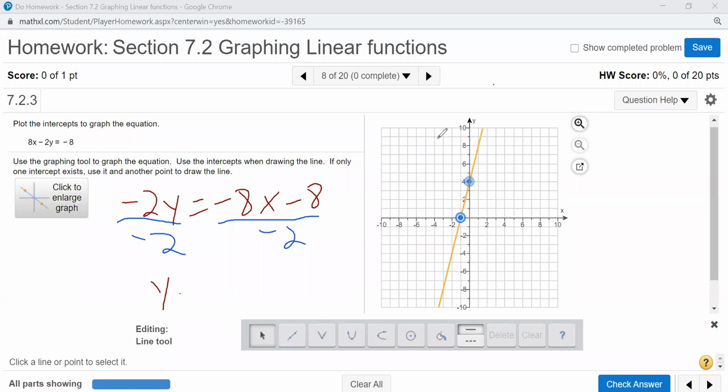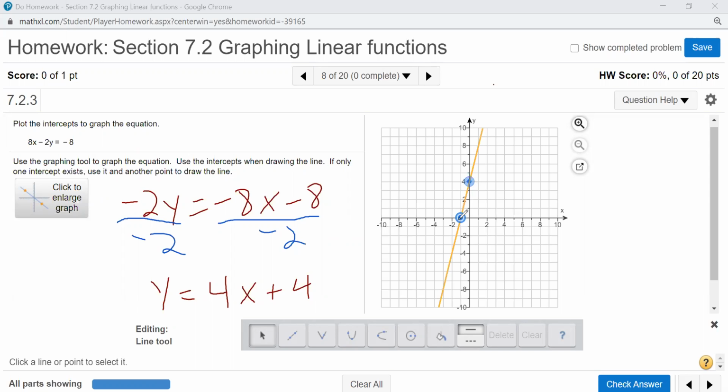You'll end up with y by itself. -8 divided by -2 is +4. -8 divided by -2 is also +4. You'd end up with the line y equals 4x plus 4. You'd have a y-intercept of 0, 4, which you could graph here.